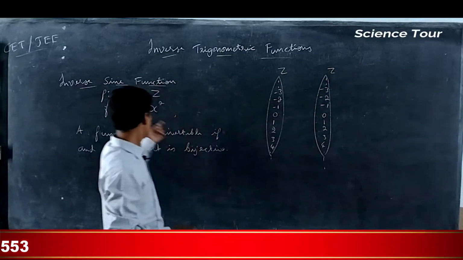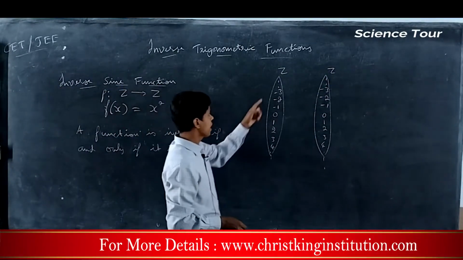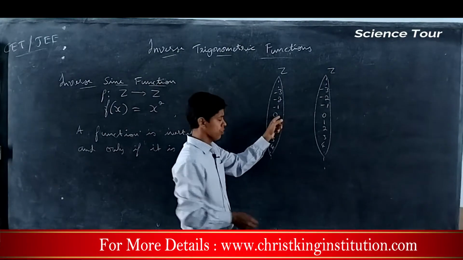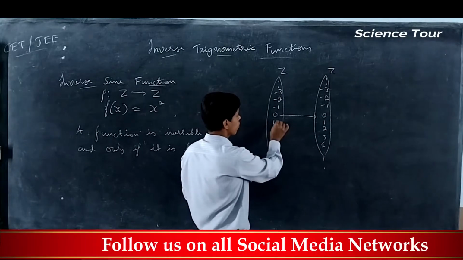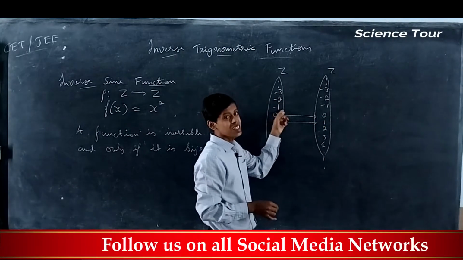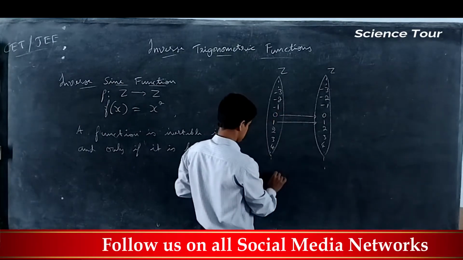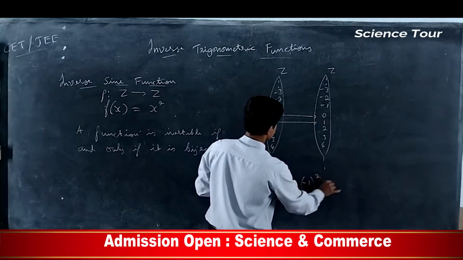Now understand, f of x is equal to x square. F of 0 is 0 square, which is 0. F of 1 is 1 square, which is 1. What about f of minus 1? Minus 1 square, which is 1.